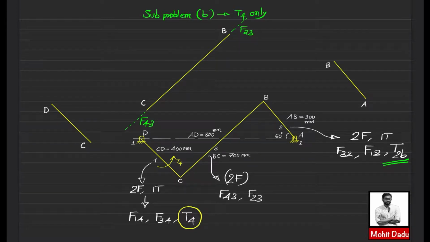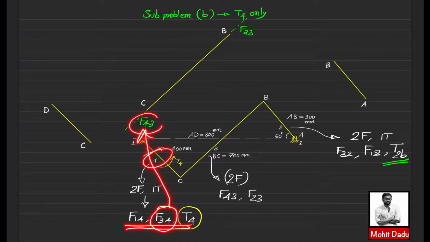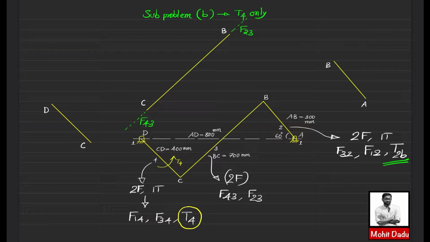And the same thing can be transferred to link number 4, where link number 4 is a 2 force and 1 torque member, where the forces are F34. F34 and F43 are like action and reaction, so this same line of action can be taken to this link also. Since it is a 2 force and 1 torque member, the other force will be parallel to this F34.